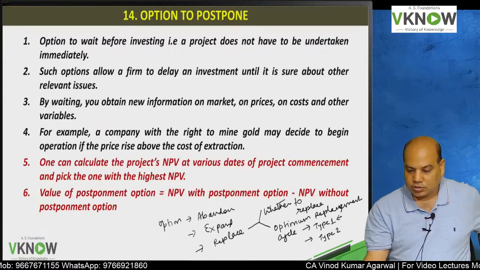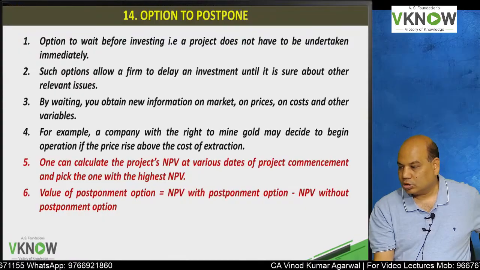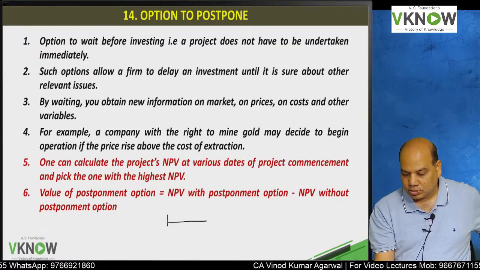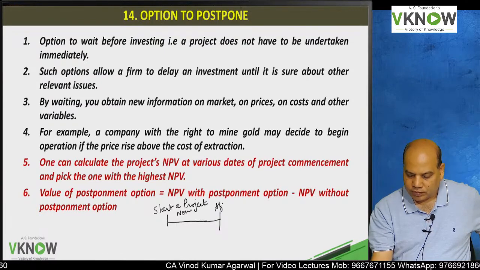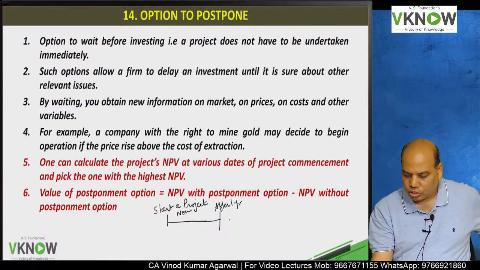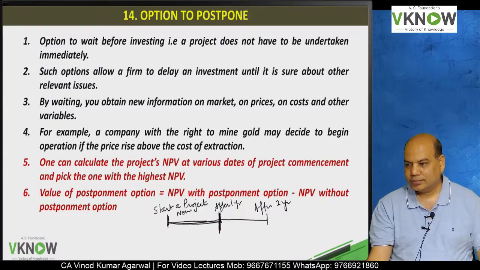Now the next is option to postpone. Option to postpone means should we start a project now or after 1 year or after 2 years, whether this project has an option to delay.